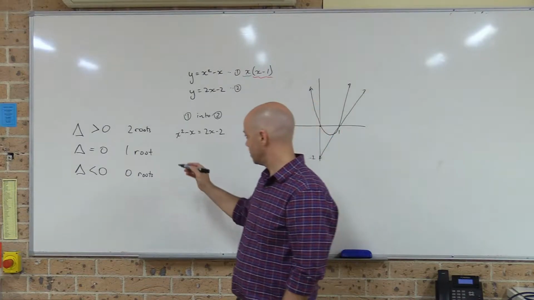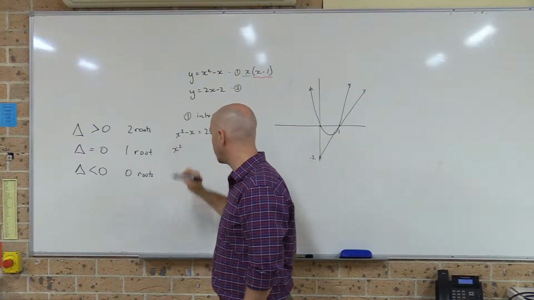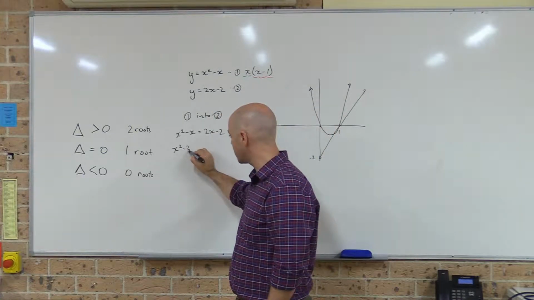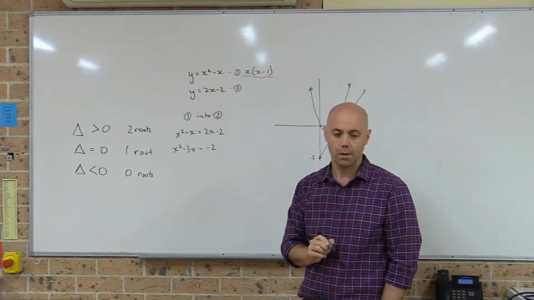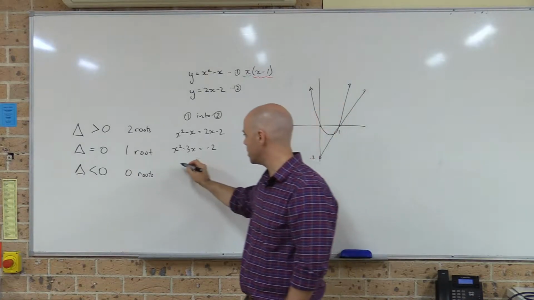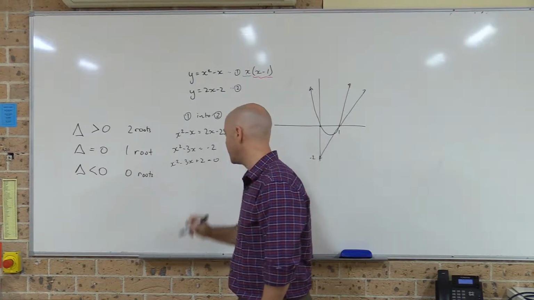Minus. Okay, so I'm going to take away 2x from both sides. x squared minus x, take away 2x is minus 3x equals negative 2. What do I do now? Add 2 to both sides. x squared minus 3x plus 2 equals 0.